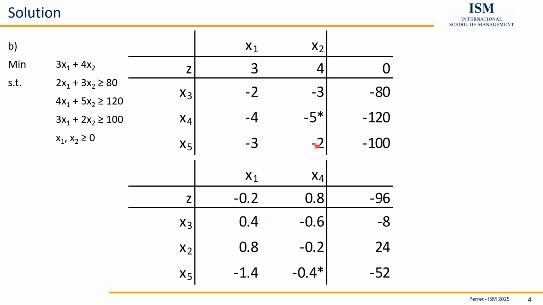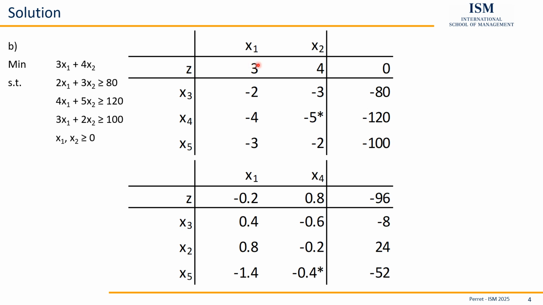Everything else in the pivot column is divided by the negative pivot element, so by +5. This divided by +5, by +5, by +5, giving me these values. For all other values, so this one, those two, and that one, we're going to have to use a rectangular form. Rectangle form or scheme, what does this mean?